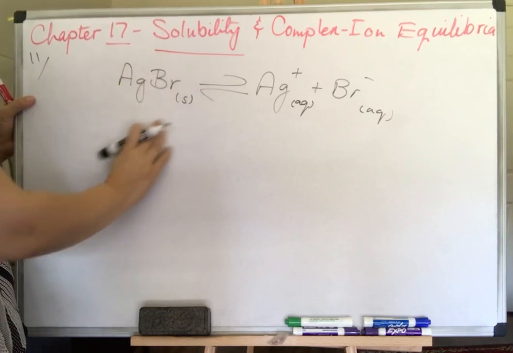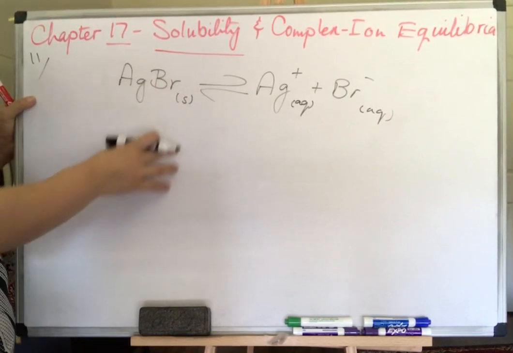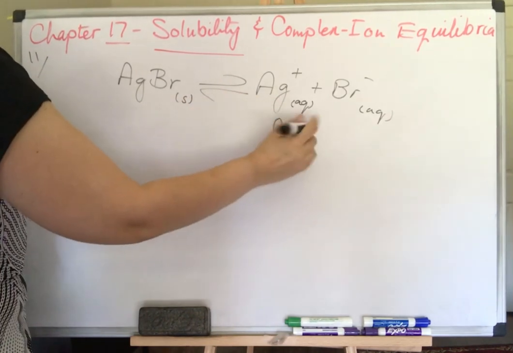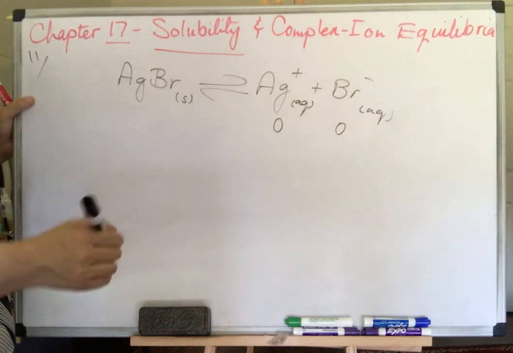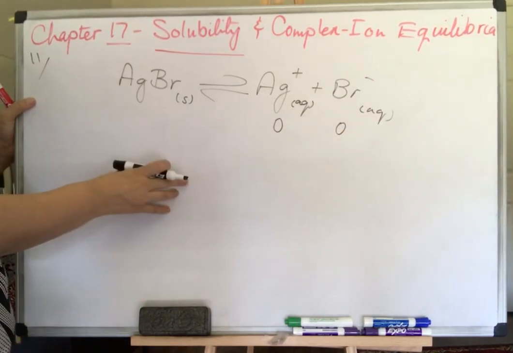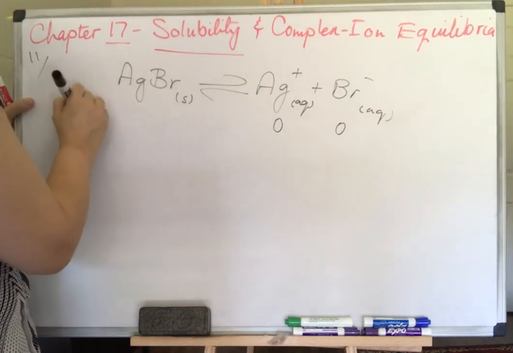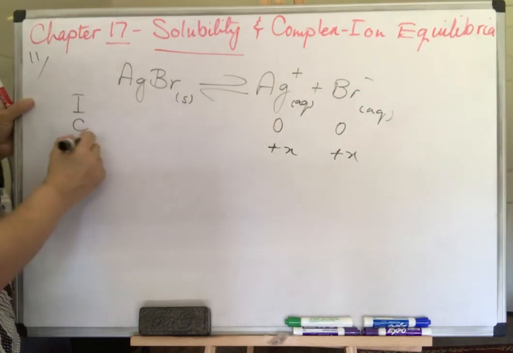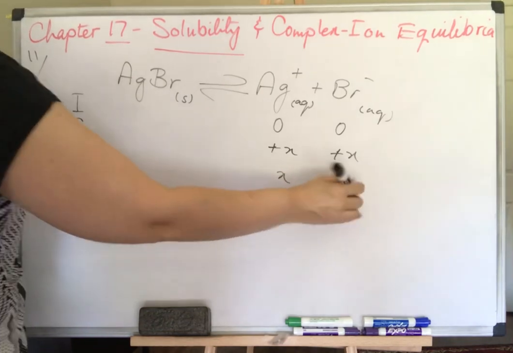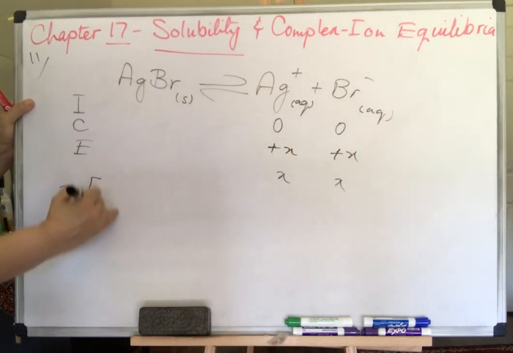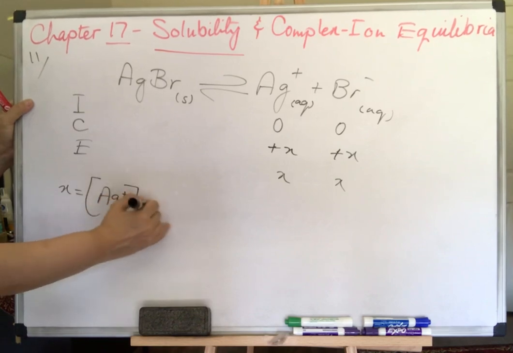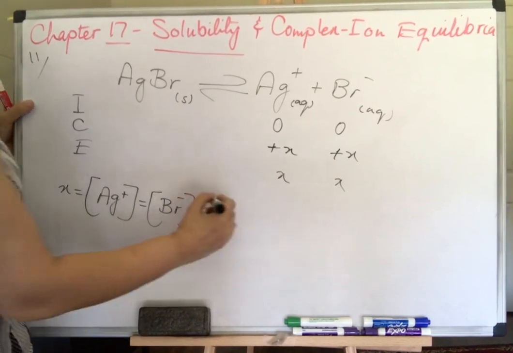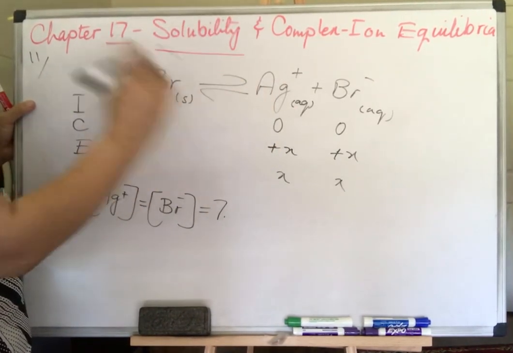Since this is solid, it's not going to be in the Ksp formula, so you just have the values for, at the beginning you have 0 and 0, and then you don't write anything for the solid because it's not going to be entered in Ksp. Then over the change, you have x added to each of them. The coefficients are 1 and 1, so it's just x and x. And you just found that x, which is the concentration of Ag equal to Br, you found it, we're just trying to prove it in this table also.